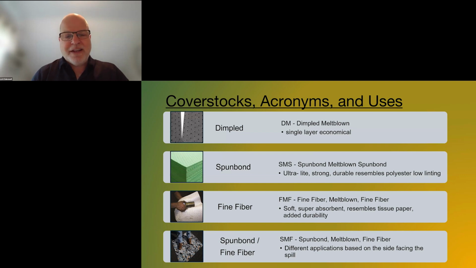Sometimes we go and we find that where areas of banks of machines, they're using a dimpled, where if they use a spun bond fine fiber, they'll have better efficiency and they'll have the ability to let their people change product less frequently.